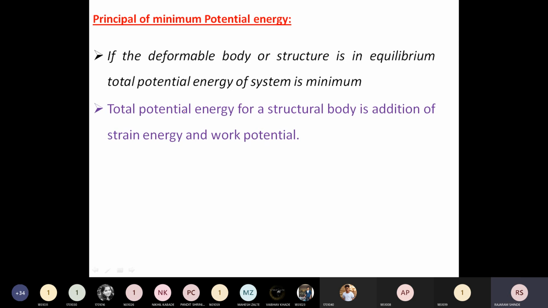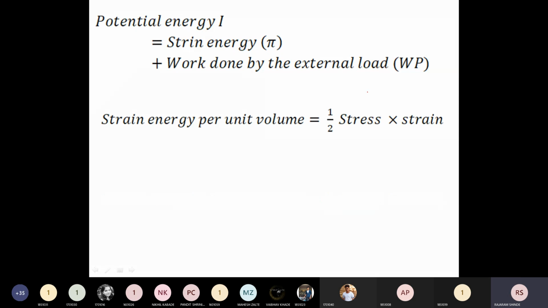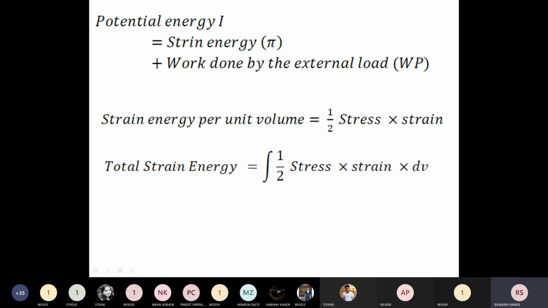Now, we have already seen this equation: strain energy plus work done by external loads, or work potential. Strain energy per unit volume is half of stress into strain, as all of you know. After that, total strain energy is the integration of this strain energy per unit volume over the volume.